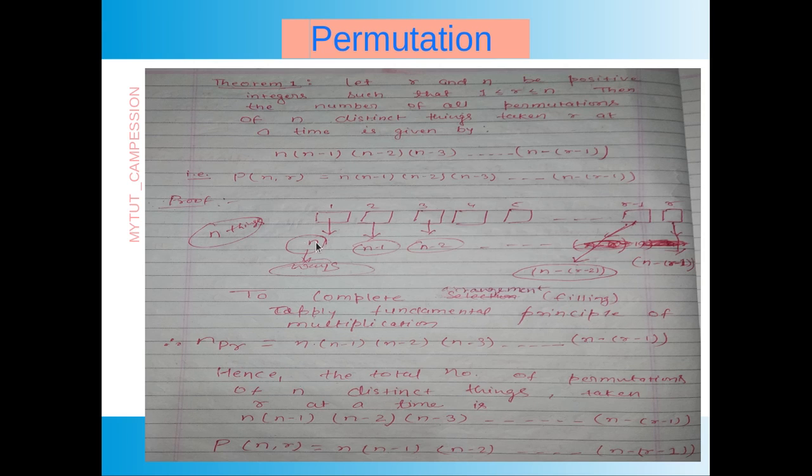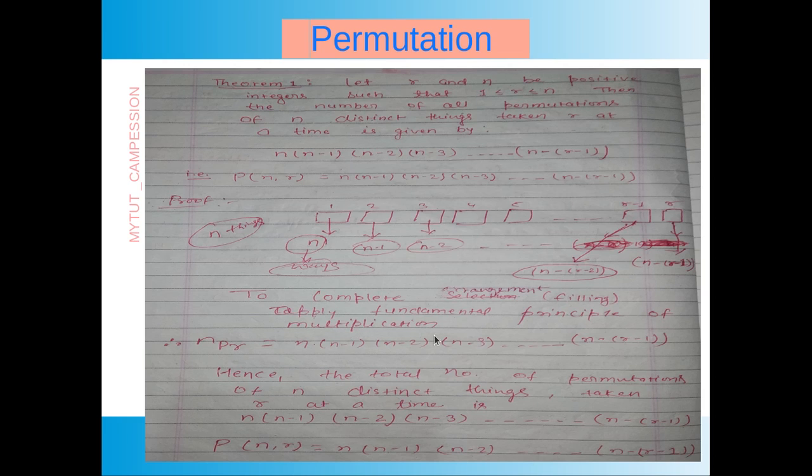The first box can be filled in n ways, the second box in n minus 1 ways, the third in n minus 2 ways, and the fourth in n minus 3 ways, and so on up to the rth box.